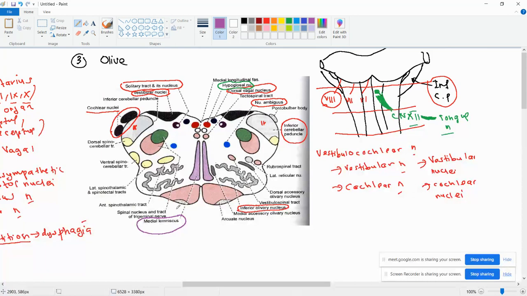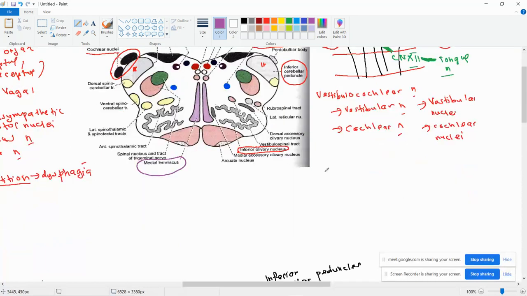And also why do we call it a lemniscus? Because this tract basically is a ribbon shaped tract. Like this. Okay, see the ribbon shape, and inside this structure you have a bundle of axons. They are actually flattened.